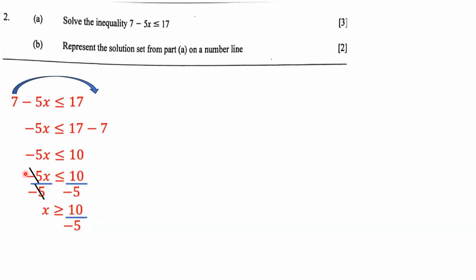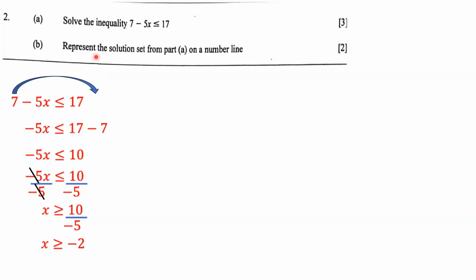Notice that because we divided by a negative, we're going to change the direction of the inequality sign. So every time you divide by a negative when doing inequalities, you have to change the direction of the sign. 10 divided by negative 5 is negative 2. So here we have x is greater than or equal to negative 2.